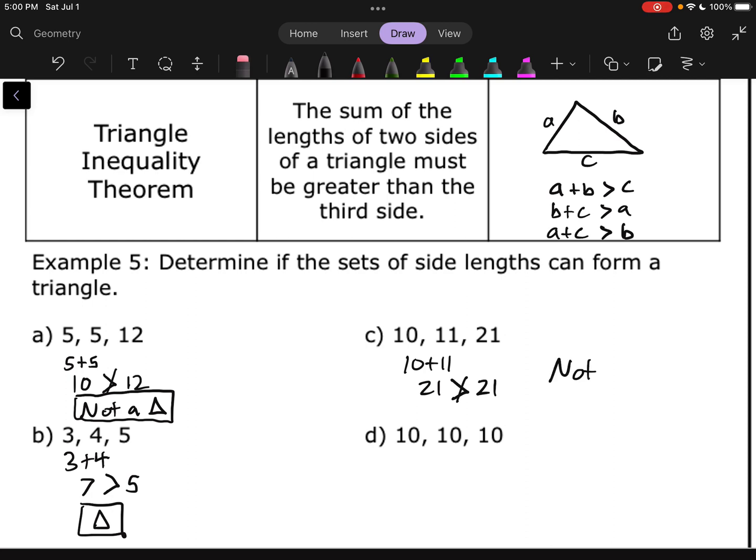So this is not a triangle. And then for D, if I add together 10 and 10, I get 20. 20 is bigger than the third side, which is 10. So that would be a triangle.